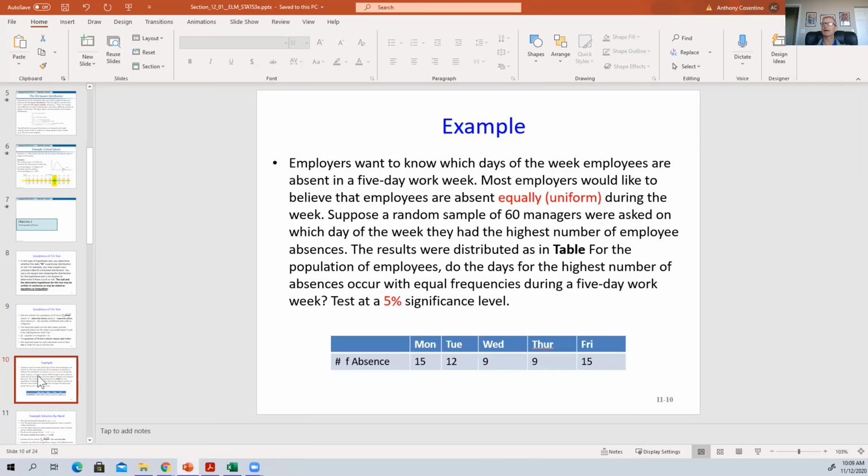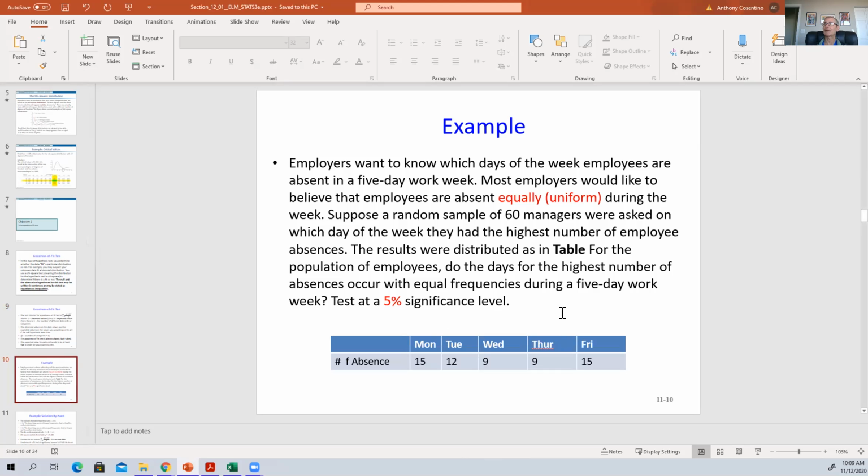So to do this test, I decided to take the data. Again, this is from a different book, and it says employers want to know which days of the week employees are absent in a 5-day work week. Most employers would believe that absence is uniform, meaning that each day you should have the same amount of absence.